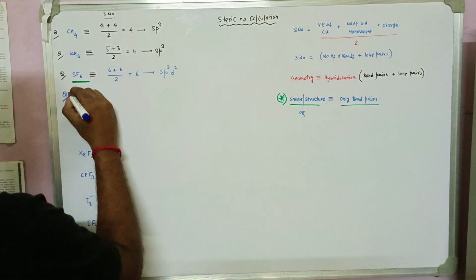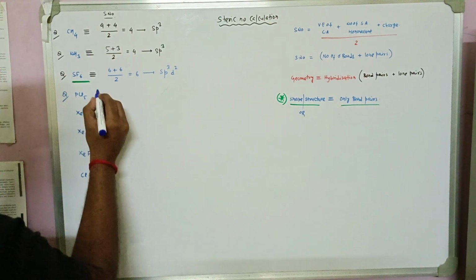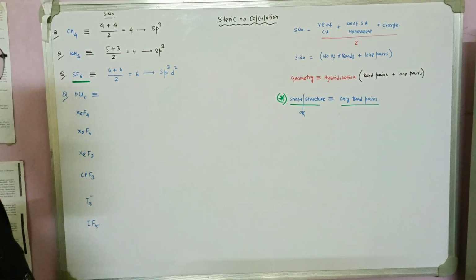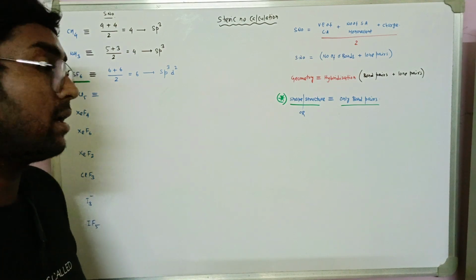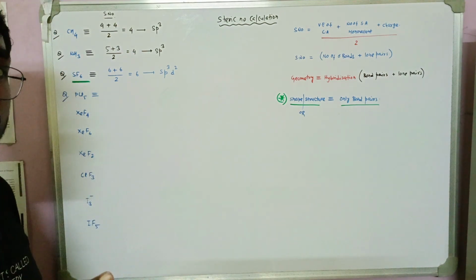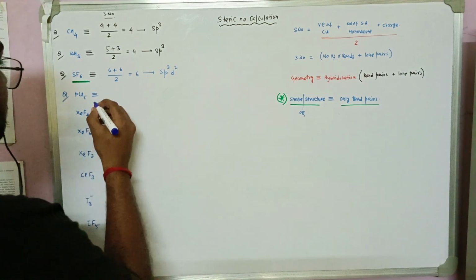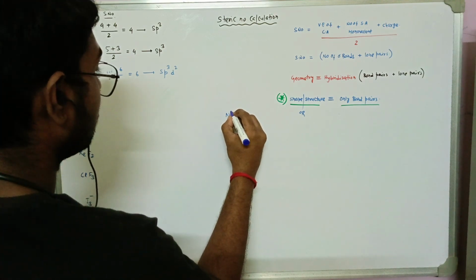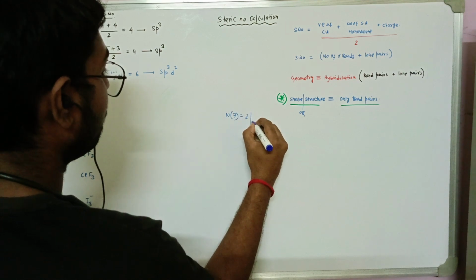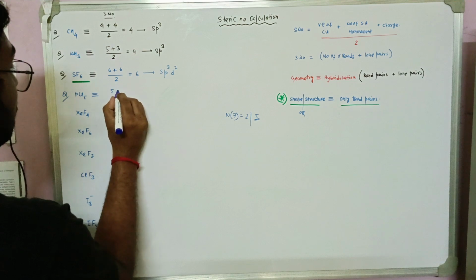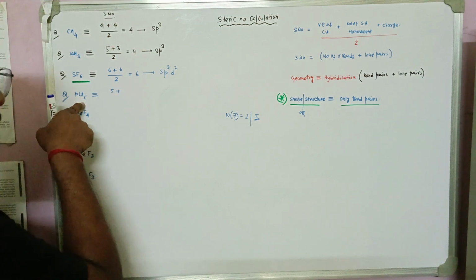Let's come to another question. This question requires the phosphorus valence electron count. We know phosphorus lies under nitrogen in the periodic table, so the valence electron count of phosphorus will be equal to that of nitrogen. We know 2, 5, so 5 is the valence electron count of nitrogen and phosphorus will be the same, so 5 plus the number of monovalent side atoms.